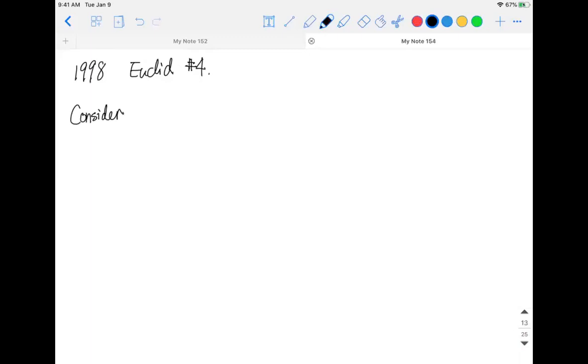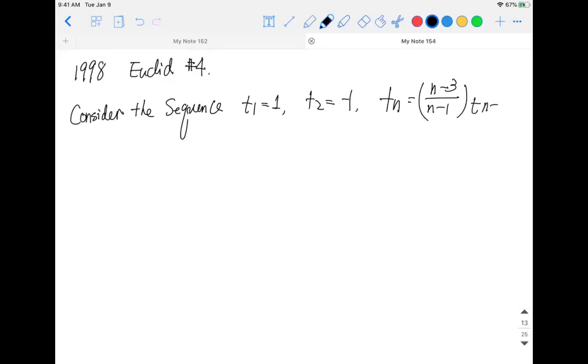Consider the sequence. T1 equals 1, T2 equals -1, Tn equals (n-3)/(n-1) times Tn-2, where n is greater than or equal to 3.